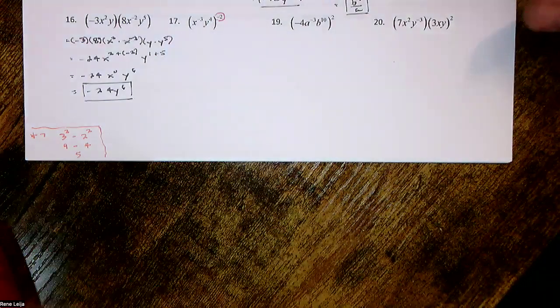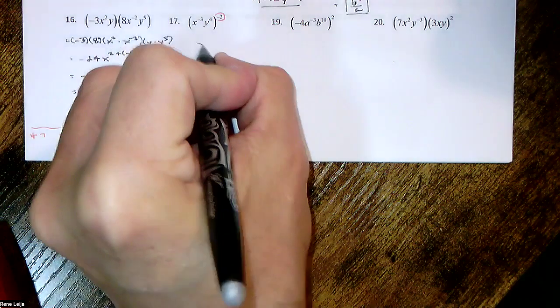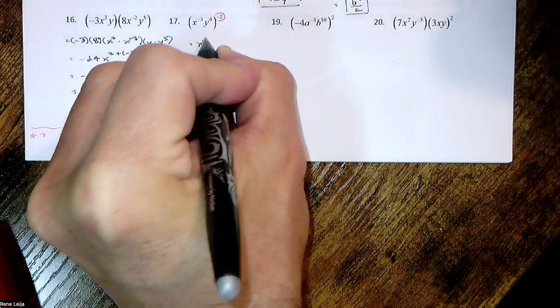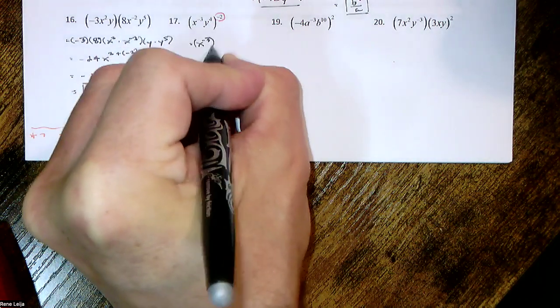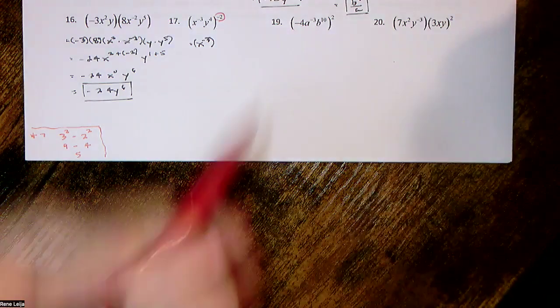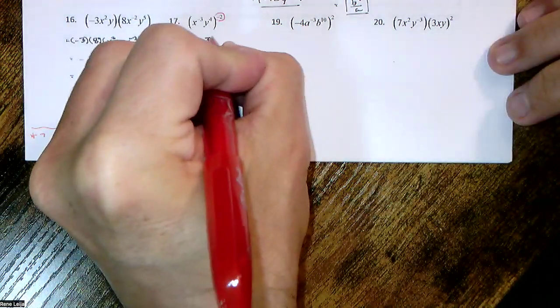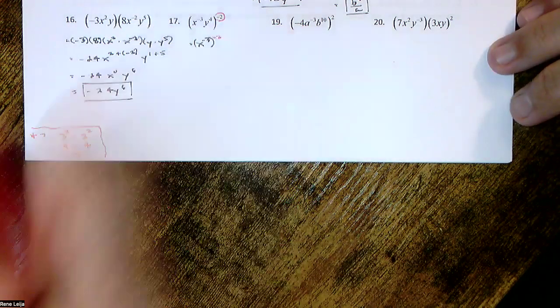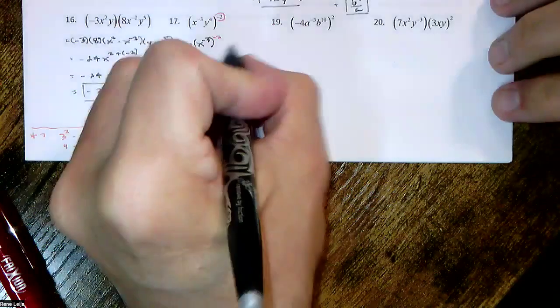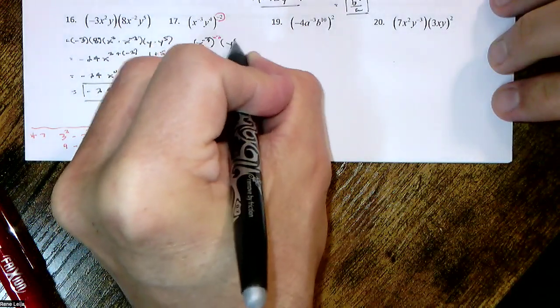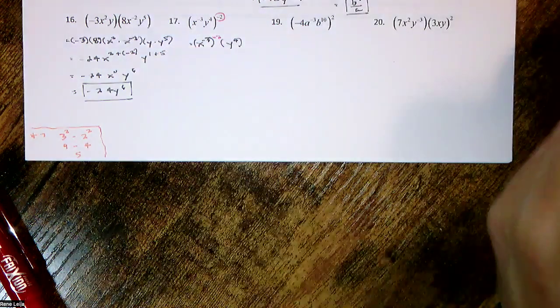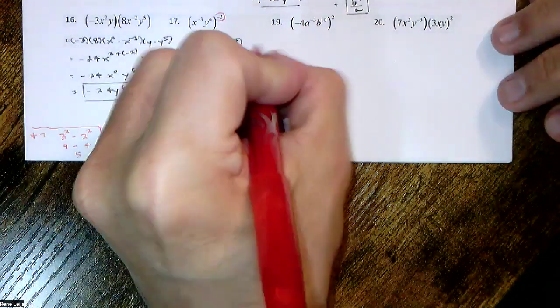So this is going to give me x to the negative third power, but I have to raise this to the negative 2 power times y to the fourth power, and I'm going to raise this to the negative 2 power.